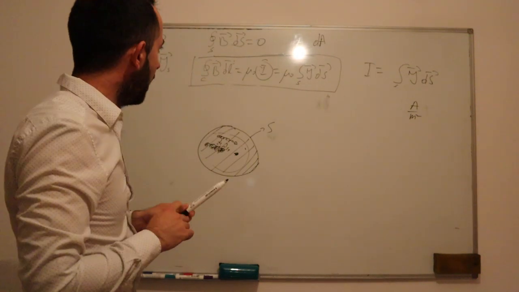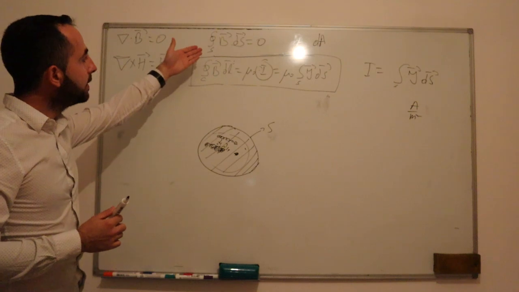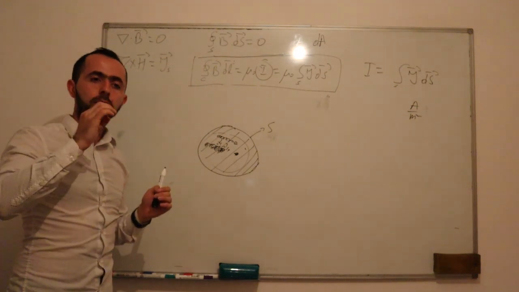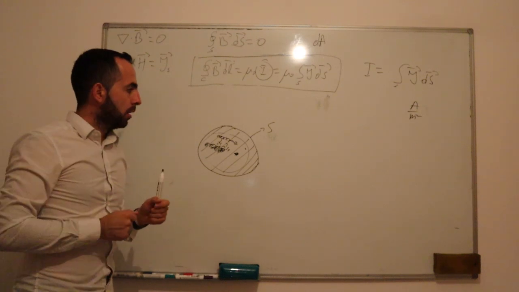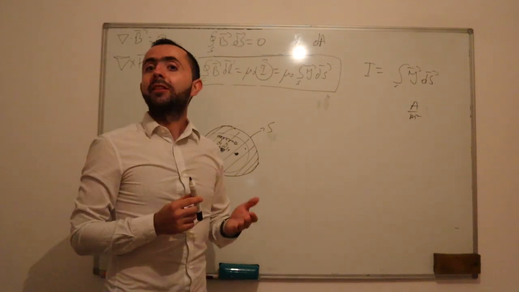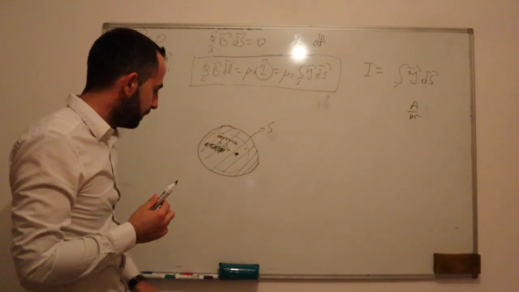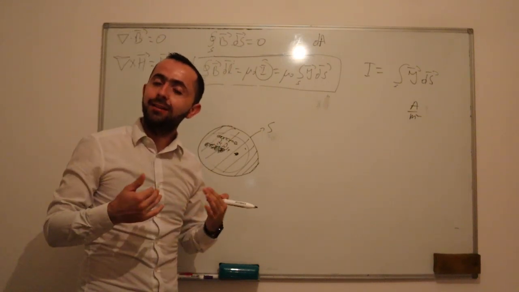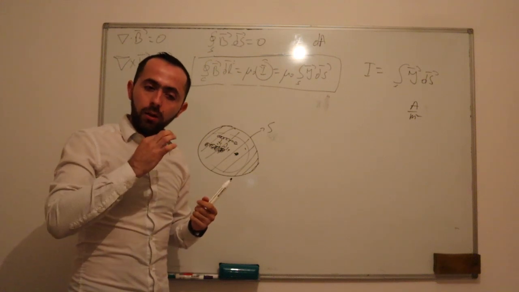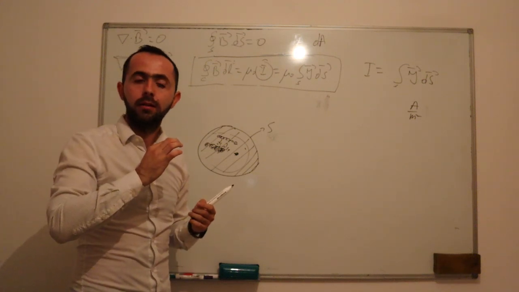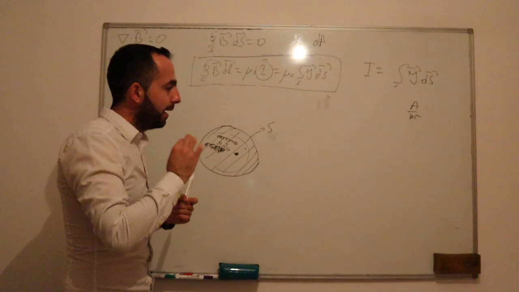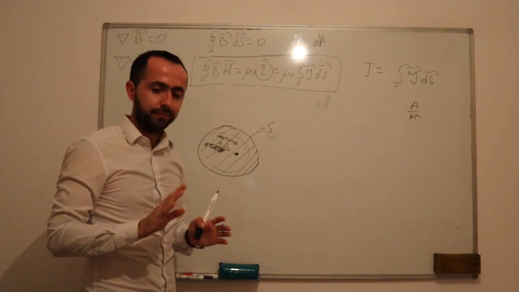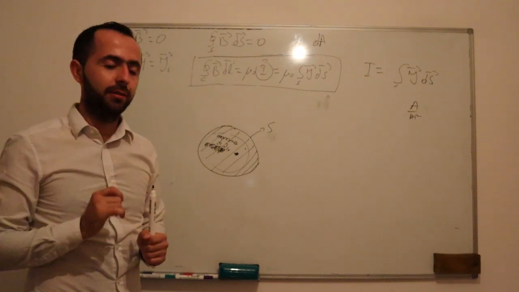Why? Before we analyze these equations, we must know what a current is physically, what charges are physically. So, all of this is to analyze and to see what the current is. Is a current a vector? That's the question.